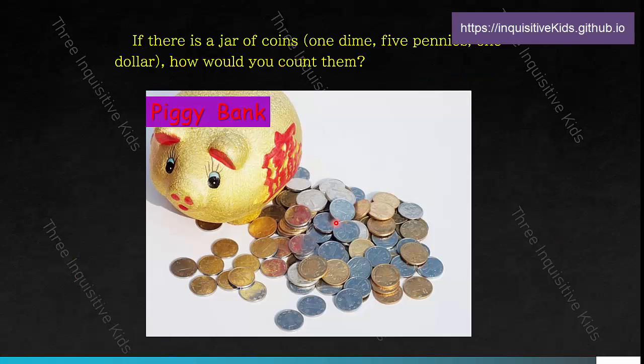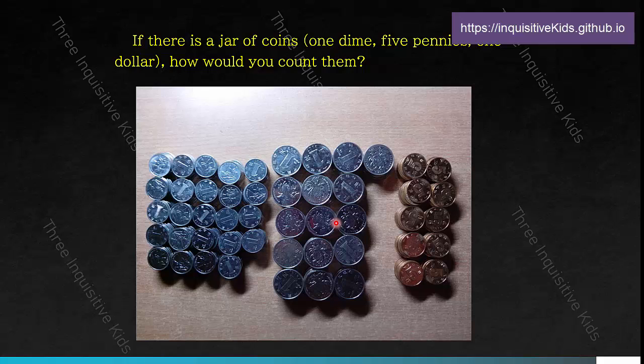Now I'm going to ask you a question. If you have a jar of coins and there's all sorts of money in there, like dimes, pennies, anything, how would you count them? I'm guessing that you would probably organize all dimes together, pennies together, dollar bills together, nickels together, and quarters together.